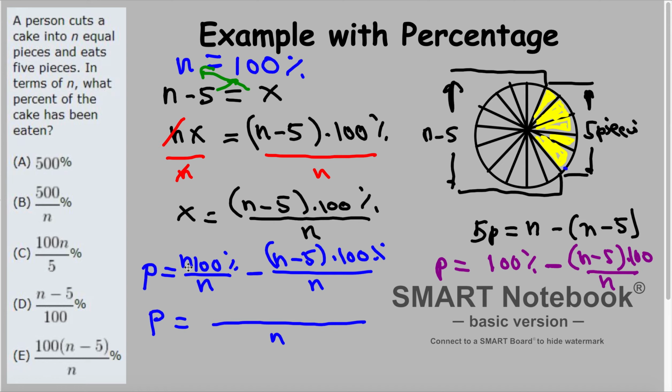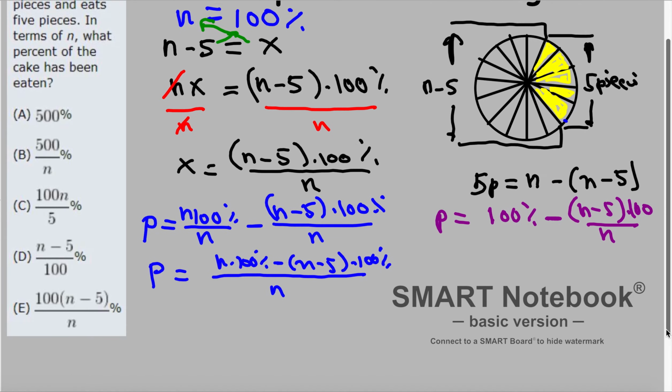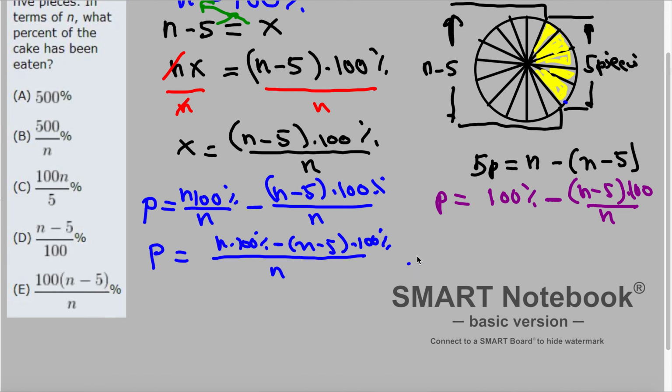And now we have 1 times 100, and here now I'm distributing the minus: n minus 5 times 100%. Okay, so we are up to here. And what is this going to be? Let me expand.